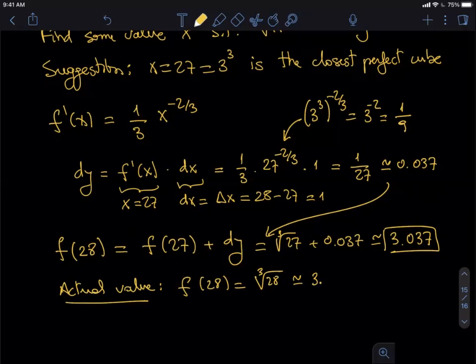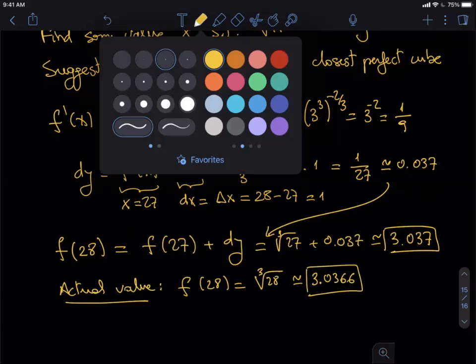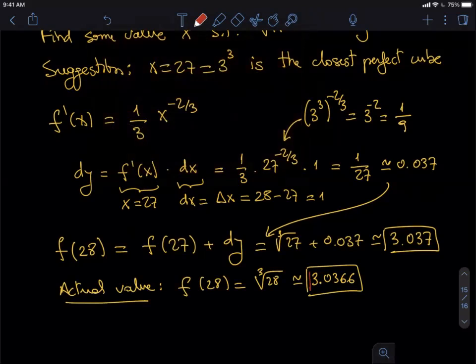But we get 3.0366. So we see that actually the first two decimal digits are correct. And then the approximation of the third is also good, because if we round to the third digit, it's going to be the same, 3.037.